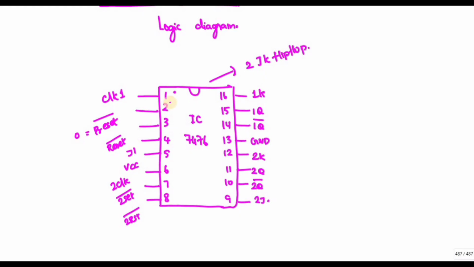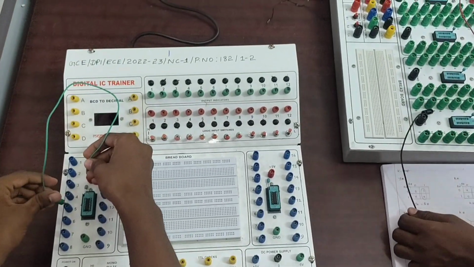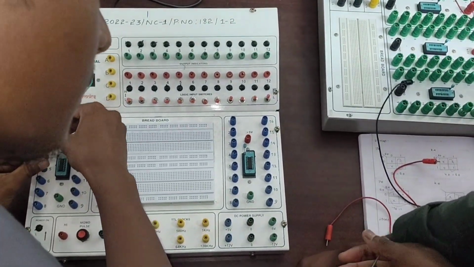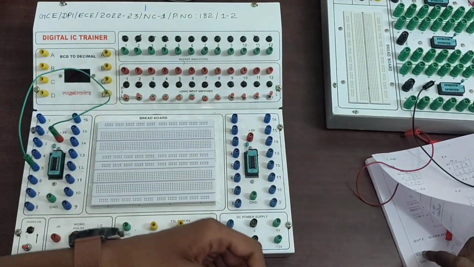Okay. So now let us see how it is going to be implemented with the JK flip-flop and how I am going to get the output. Let us now discuss how to connect these two flip-flops using a digital trainer kit. First, I have connected the supply pin to the fifth pin, and ground is the 13th pin.